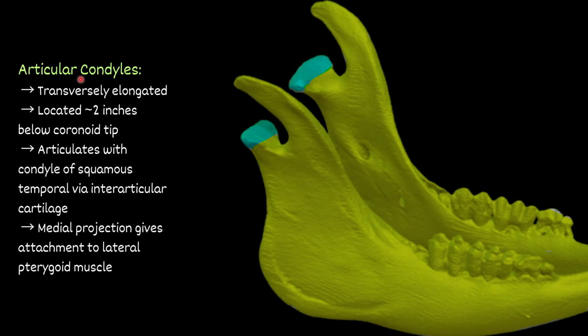Then you will also find the articular condyles. You can see these two are the articular condyles. They are transversely elongated, located approximately 2 inches below the coronoid tip. This is the tip of the coronoid, and just below this you will find the articular condyles.